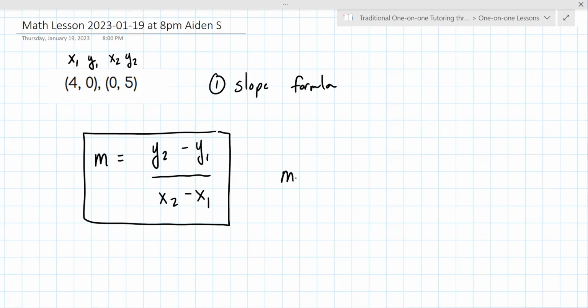What is the value of y2 in our problem? It's 5. What is the value of y1? It's 0. What is x2? 0. And what is x1?